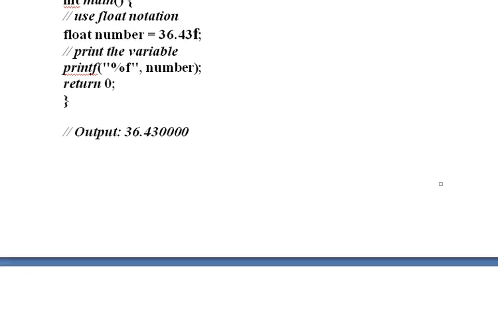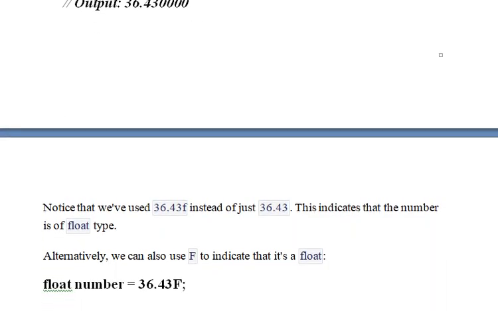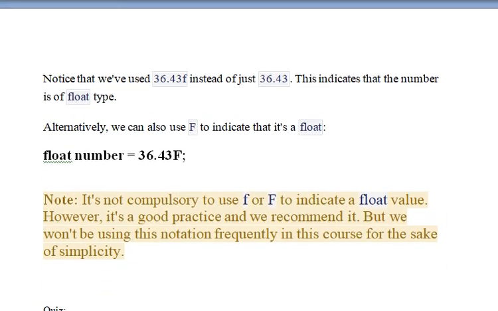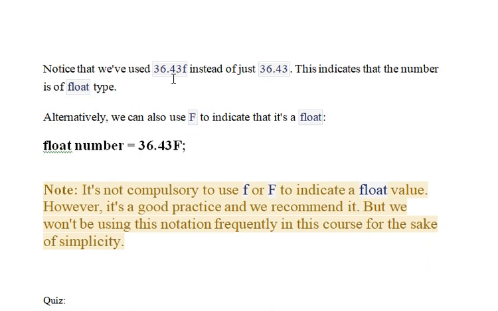In the next, we will see that here. Notice that we have used 36.43f instead of just 36.43. This indicates that the number is of float type. Alternatively, we can also use capital F to indicate that it is a float. It is not compulsory to use f to indicate a float value.